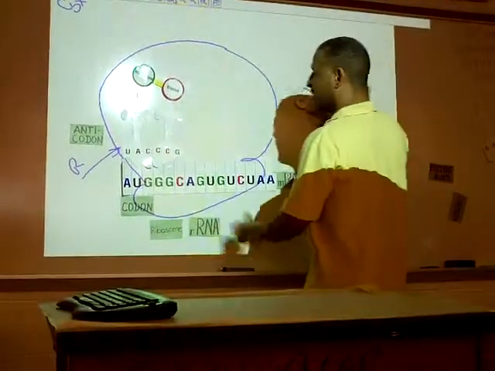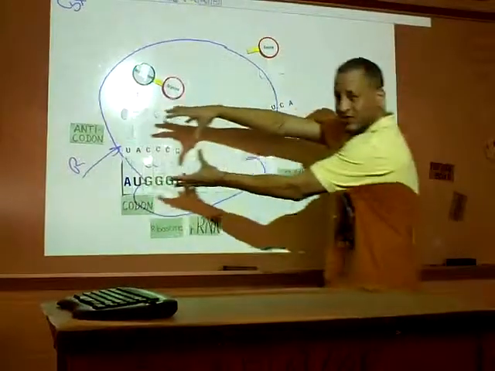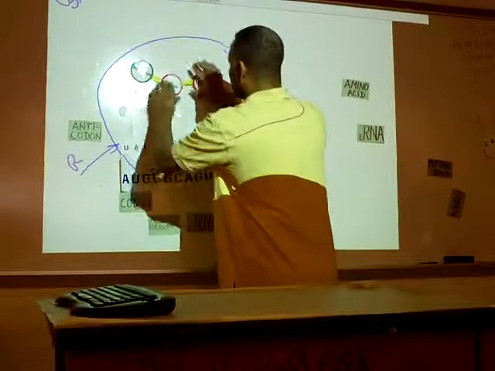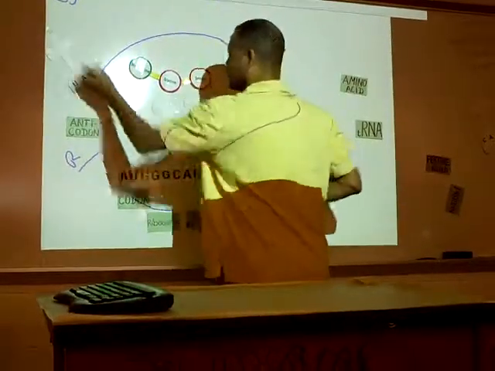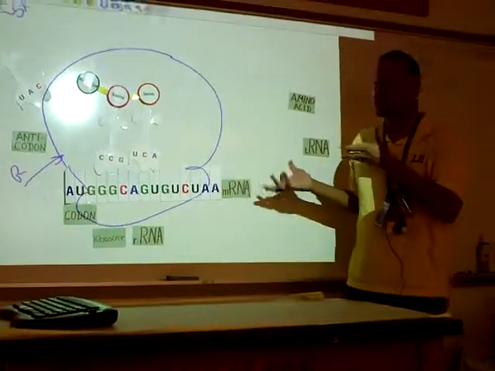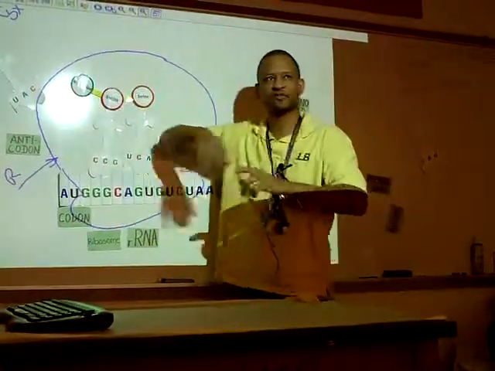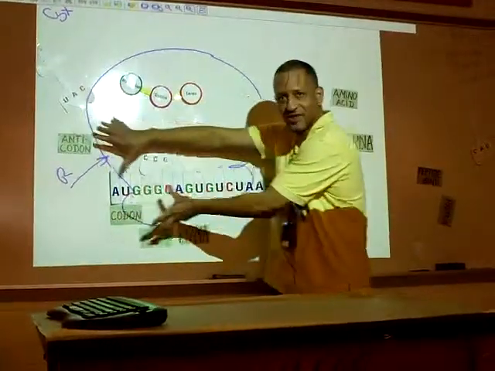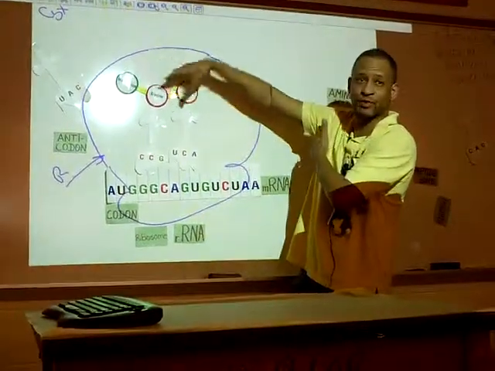And now, as the ribosome, imagine the ribosome's moving down this direction. So there, this floats off. Does that make sense? Yeah. This is what translation is doing. DNA is transcribed, RNA is translating. The ribosome is translating the amino acid that will be produced.